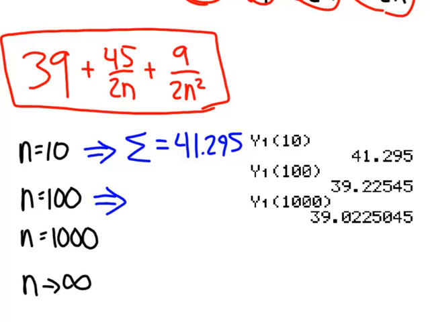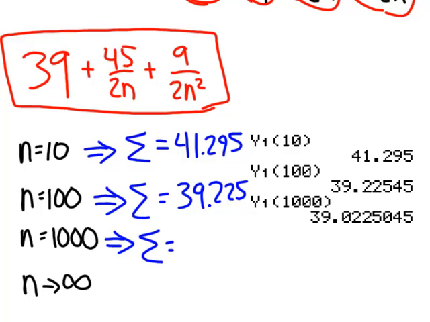If I were to cram 100 rectangles underneath that same area, I would get the area of those rectangles being 39.225, using the AP standard of just 3 decimal places. If I were to cram 1,000 rectangles underneath, those 1,000 rectangles would collectively have an area of 39.023.